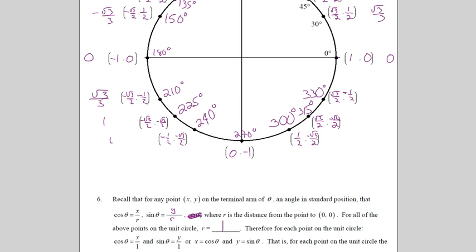Positive. Negative 1 divided by 0 is? Undefined. And negative root 3, and negative 1, and negative root 3 over 3. So there's all your tangents, right?